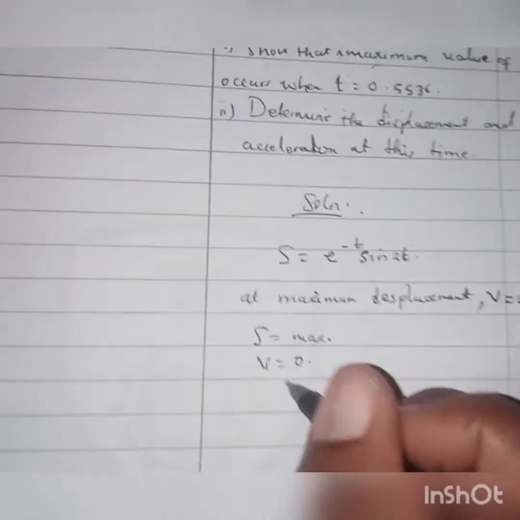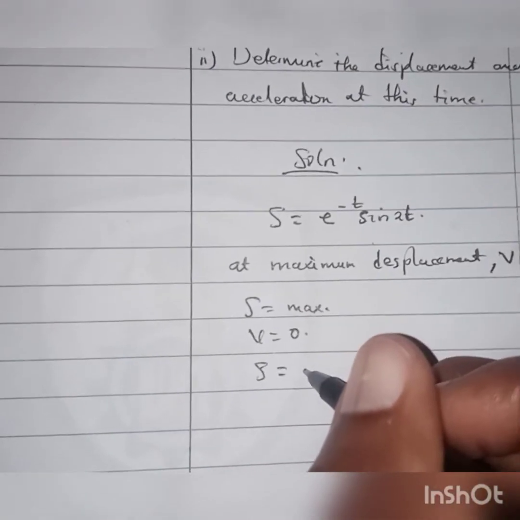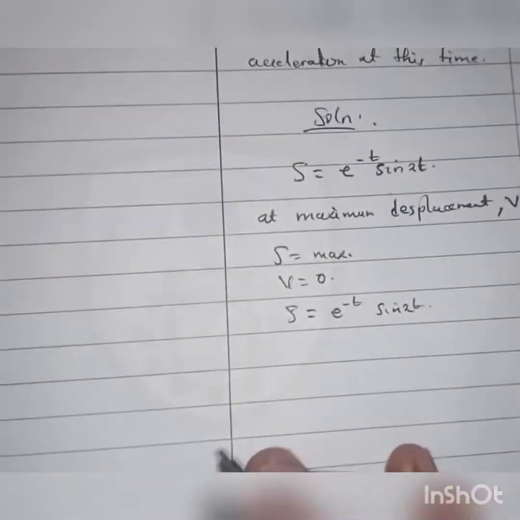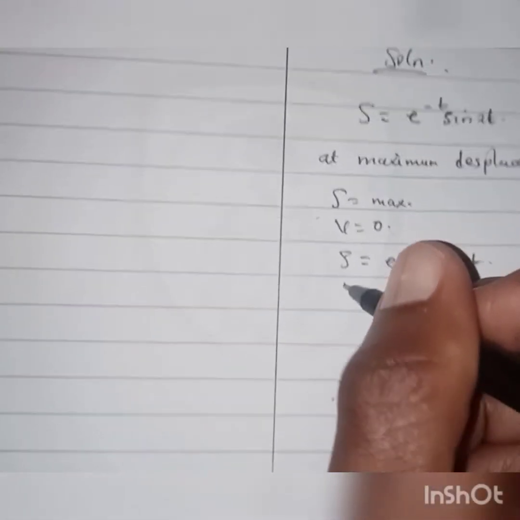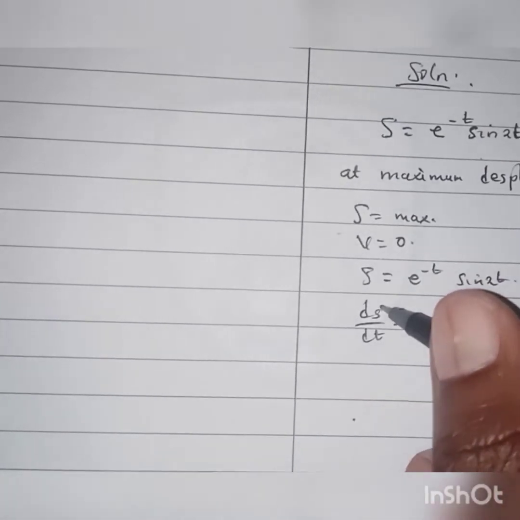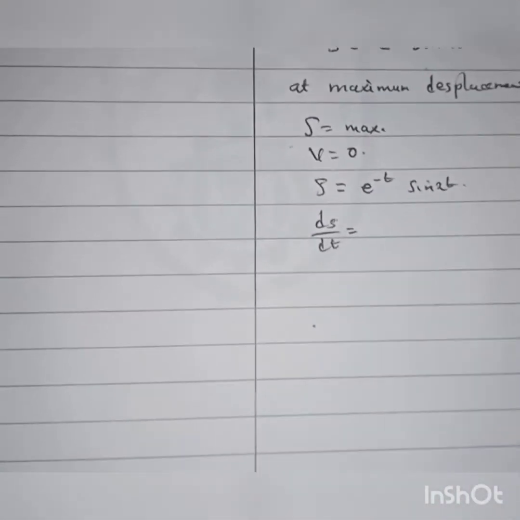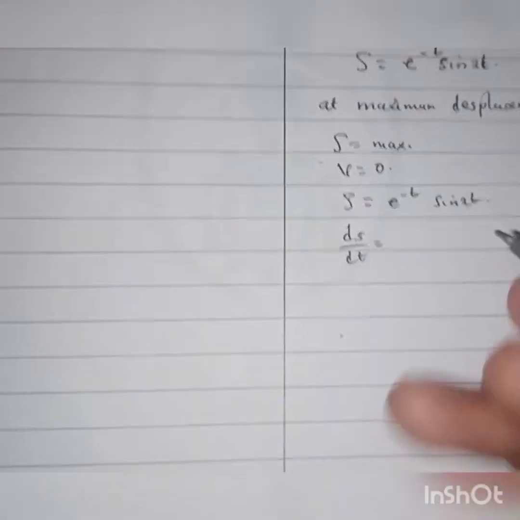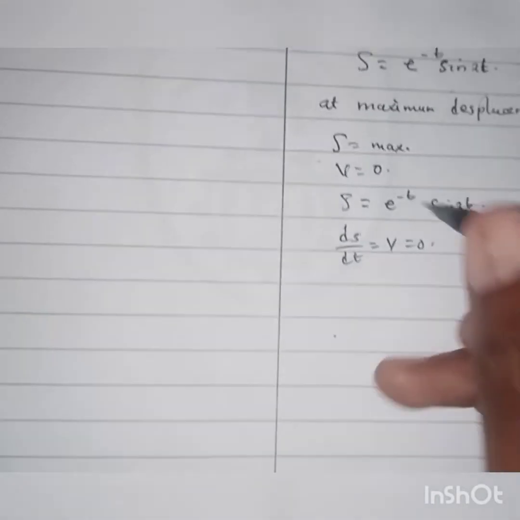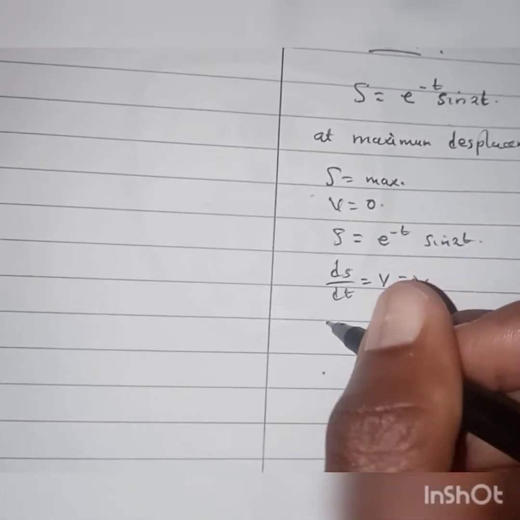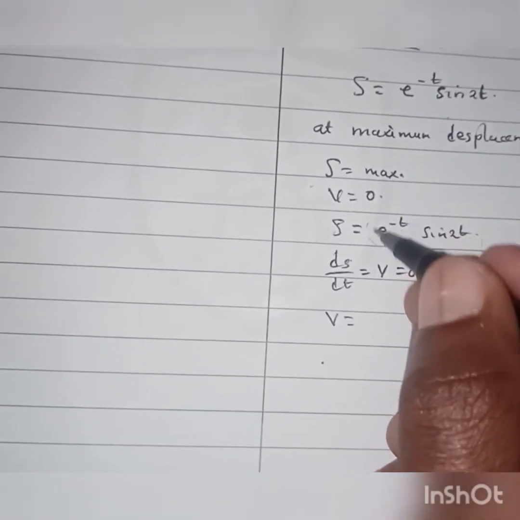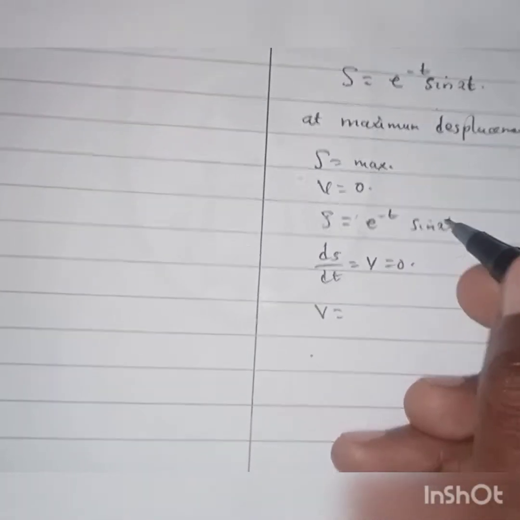Therefore, since the function of s equals e to the minus t sine 2t, ds/dt, this change in displacement over time, is the velocity, which should be 0. Now, how can we get our ds? Our velocity is just the derivative of this one. So you take the derivative of this multiplied by this.